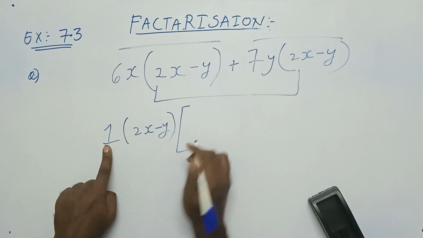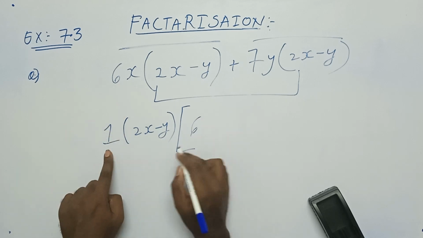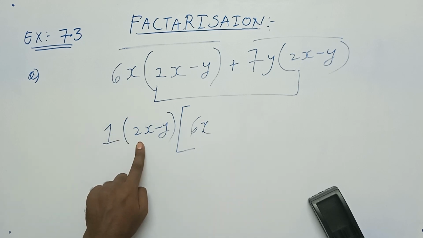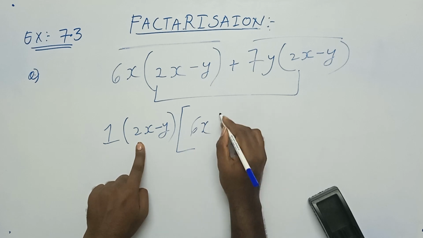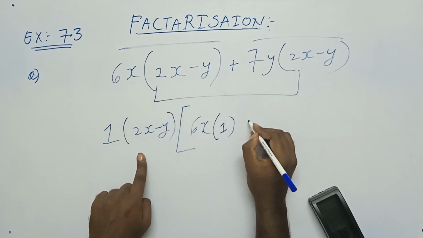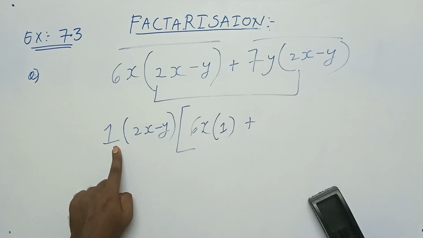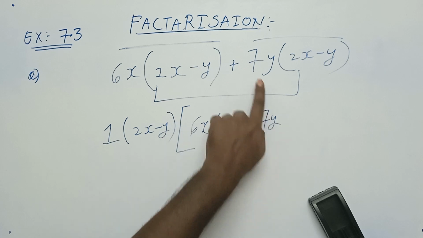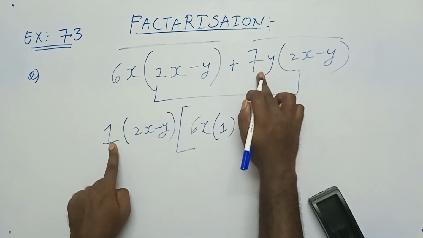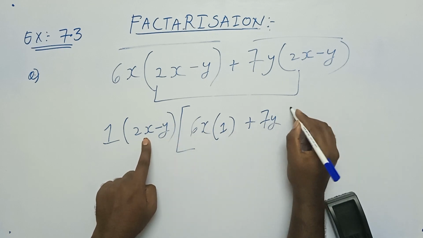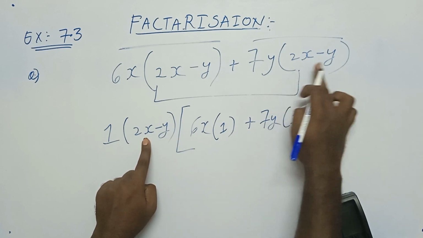So 1 times 6x is 6x, and 2x minus y times 1 is 2x minus y. We keep the plus sign over here. So 1 times 7y is 7y, and 2x minus y times 1 is 2x minus y.